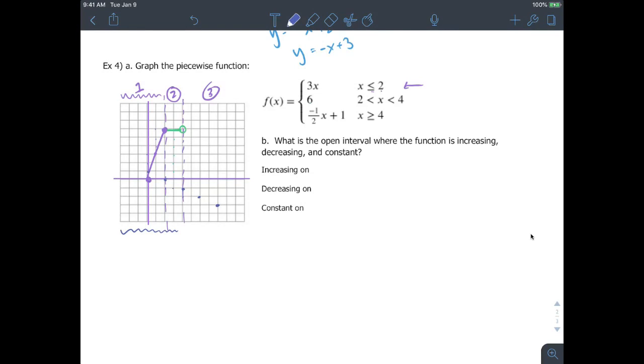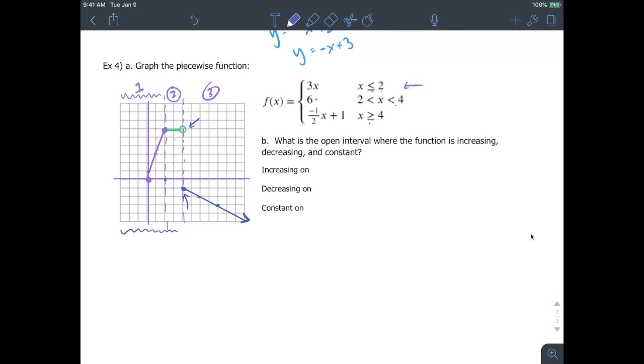So I am going to start from our domain boundary right here and graph in this line. Is the dot open or closed at 4? Well, because there's the equal sign, it's going to be a closed circle. When x is equal to 6, that endpoint is going to stay an open circle because it is not defined in that function.